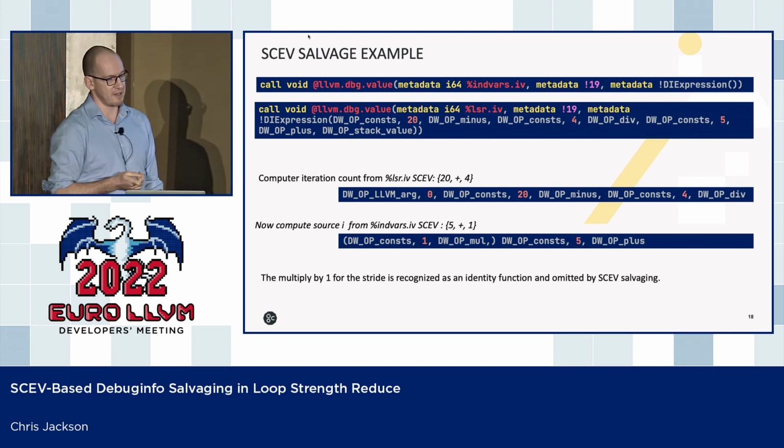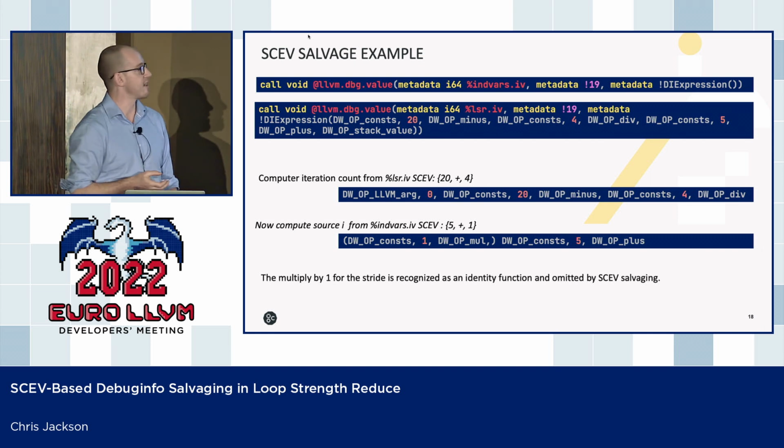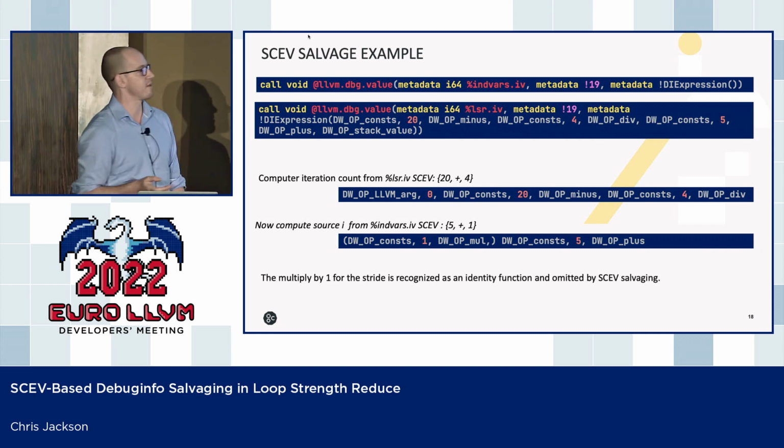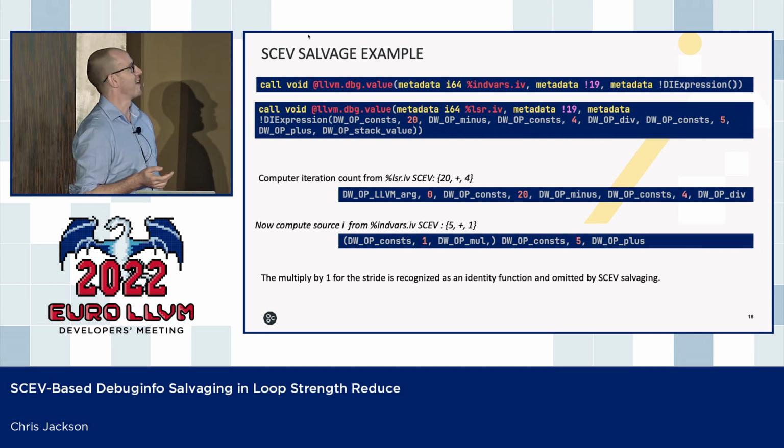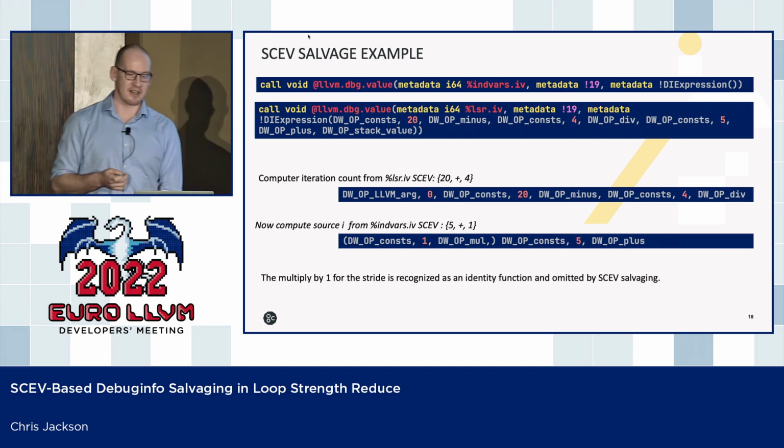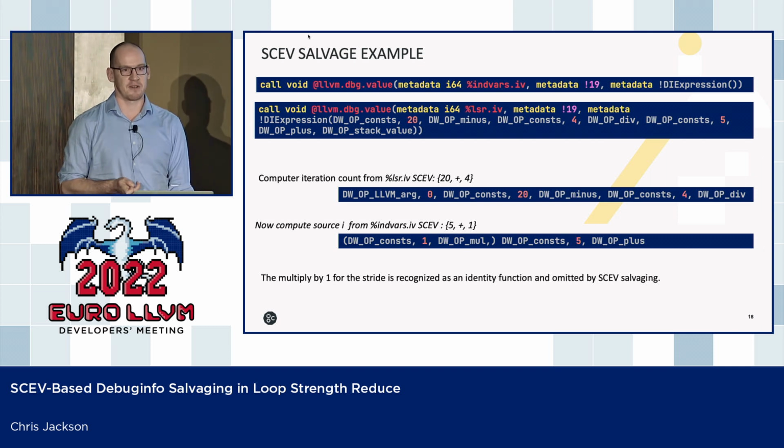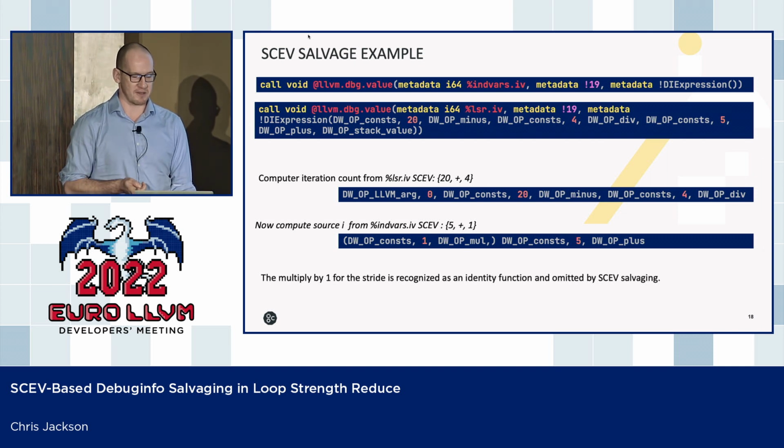And then next, we're going to use the iteration count with the invars.iv, which has been optimized out, scalar evolution expression. So we multiply by the stride value, and then we add the start value. And that enables us to recreate the value of the now missing invars.iv.